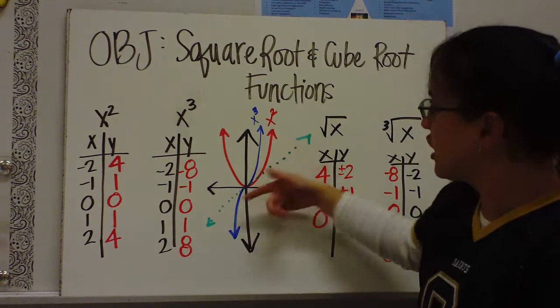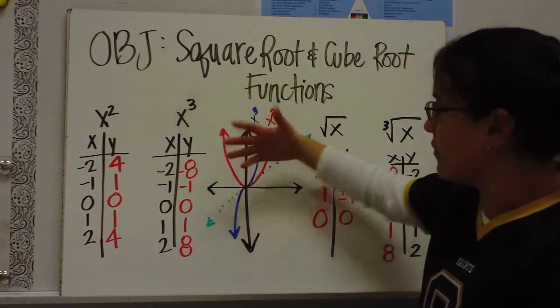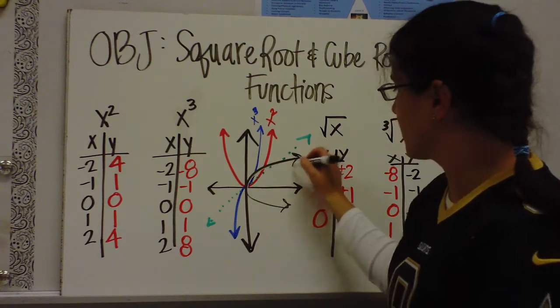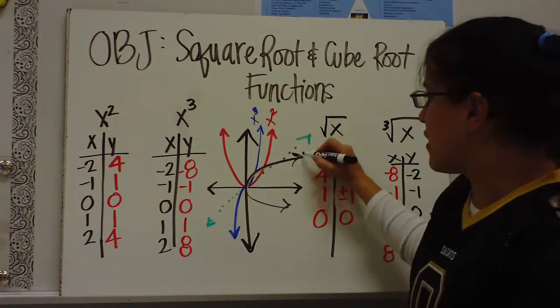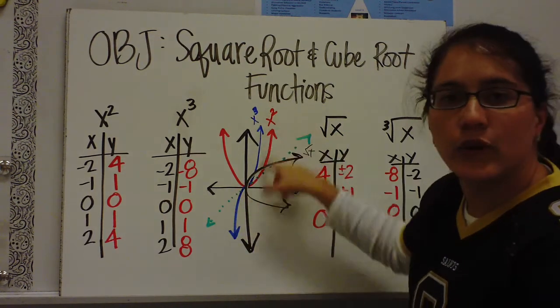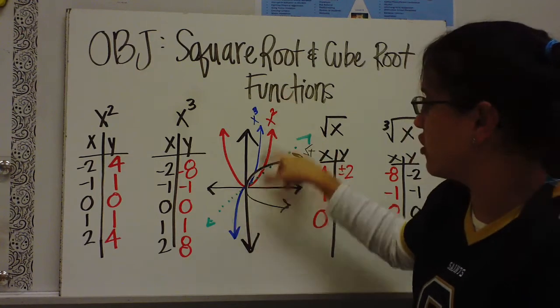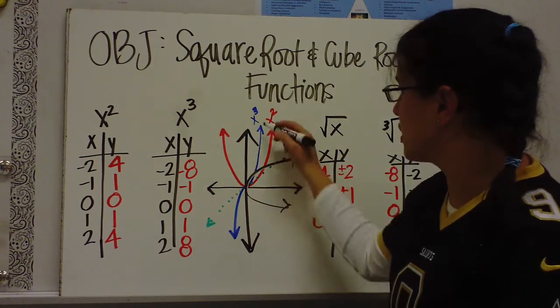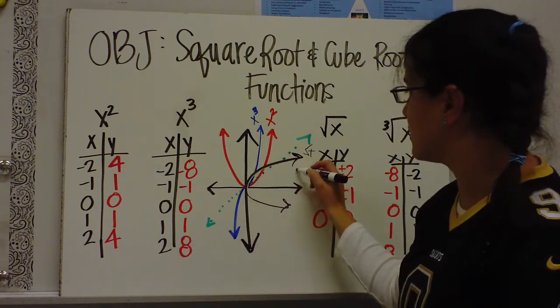If we took it over this line and we folded our paper and we reflected it, it would look something like this. And that would be the square root function. If we wanted to take the blue cube function and flip it over the line, it would look like this.